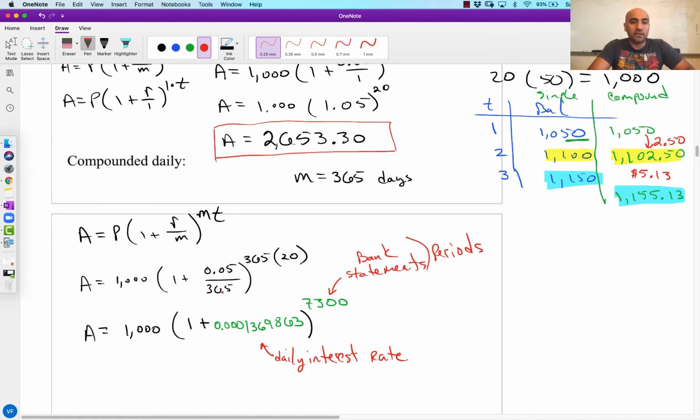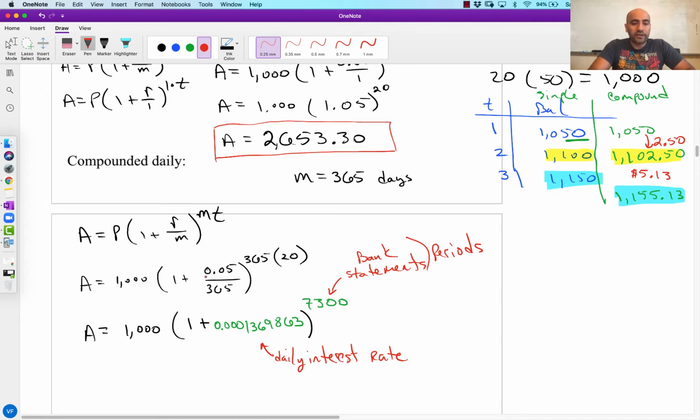That'll give you the monthly interest rate. And then we multiply the number of months times the number of years, so in this case 20, and we'll figure out how many statements there will be, how many periods there will be, where those period lengths match the interest rate given. Okay, so daily, monthly, quarterly, annually, biannually, and so on and so forth.